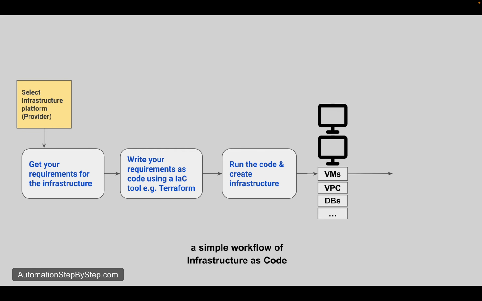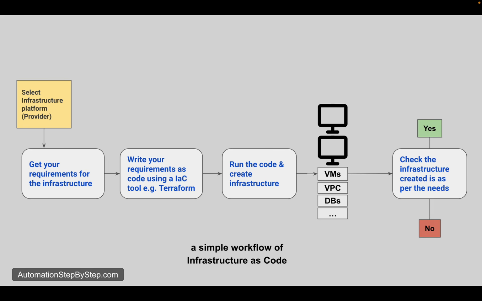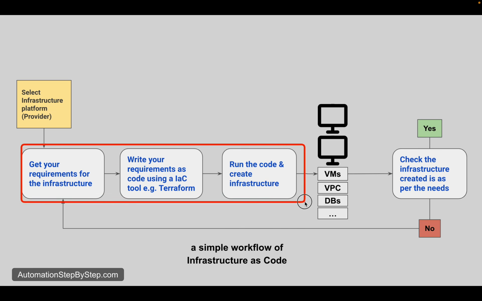Okay, so whatever we have written in the configuration file, according to this, our machines, DBs, VPCs, whatever we need will be set up. Now we will check if what is created is as per our needs, and if it is not, we will again go to the step where we review our requirements and do all these steps again from here.